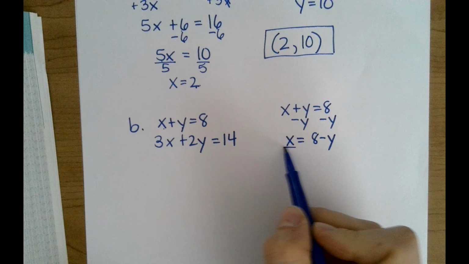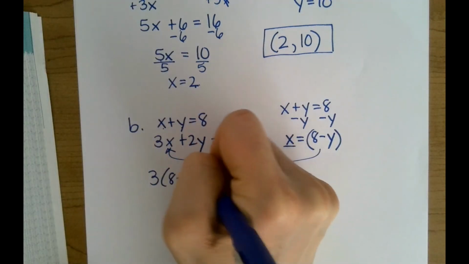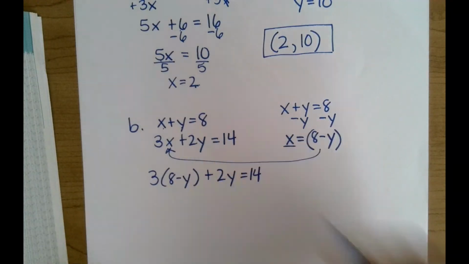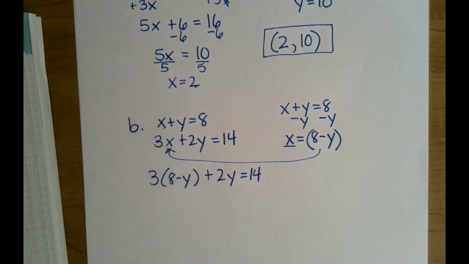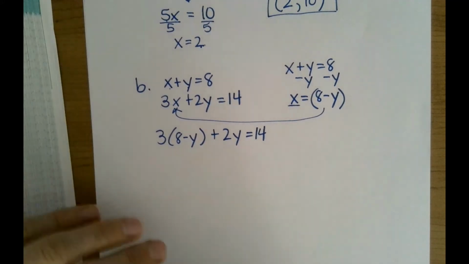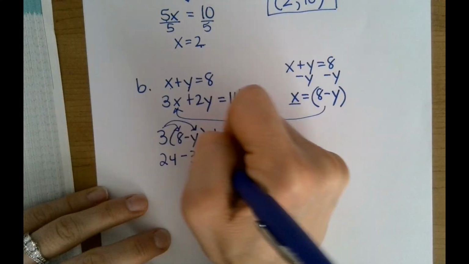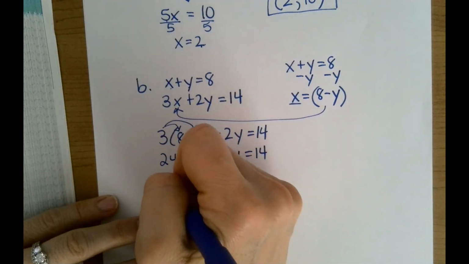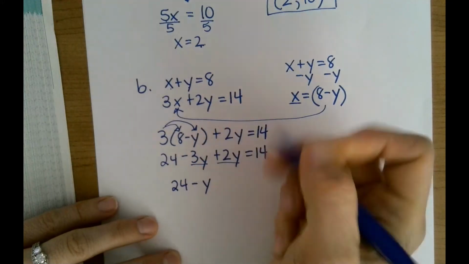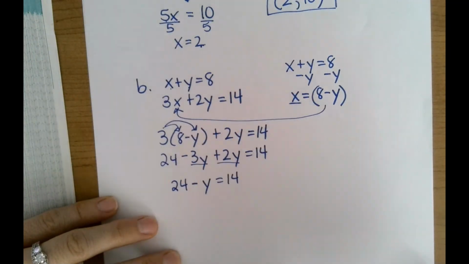So 3 times 8 minus y plus 2y equals 14. Now I'm going to solve for y. 3 times 8 minus 3y plus 2y equals 14. Combine like terms, negative 3y plus 2y, 24 minus y equals 14.